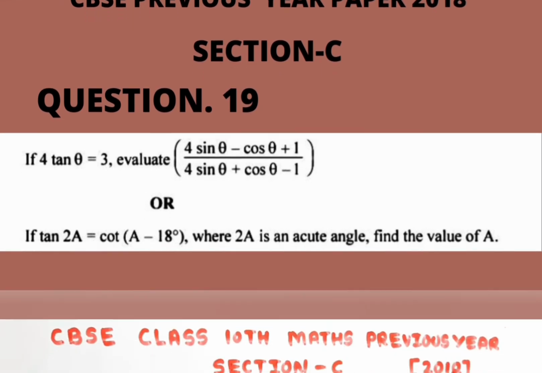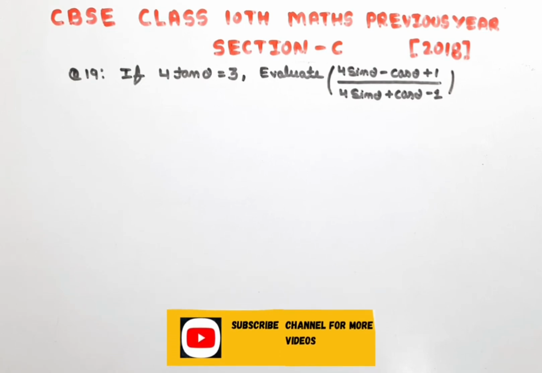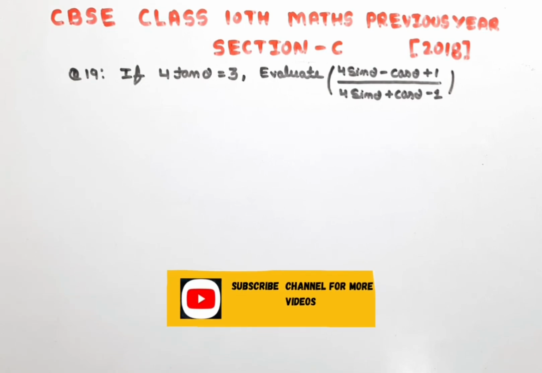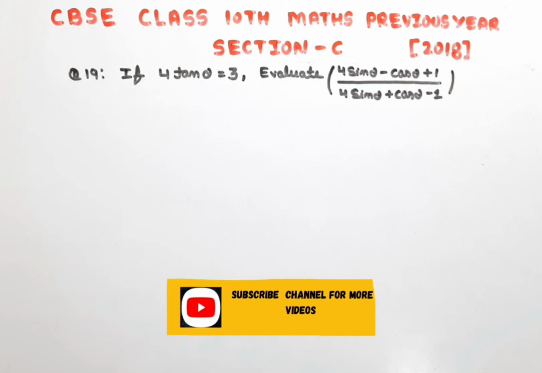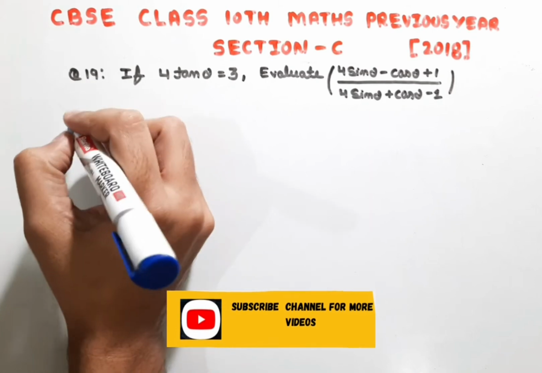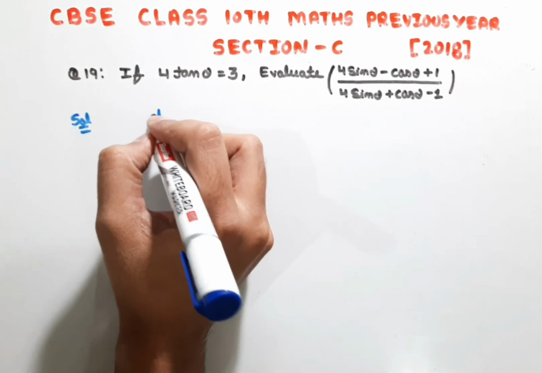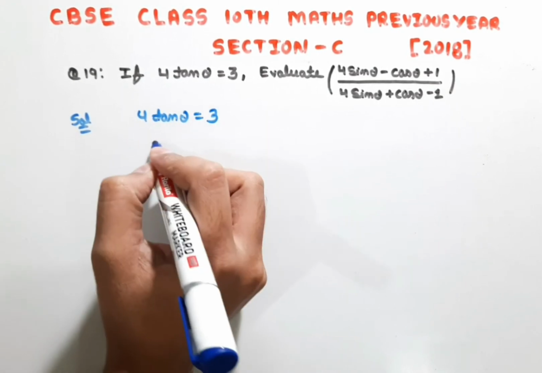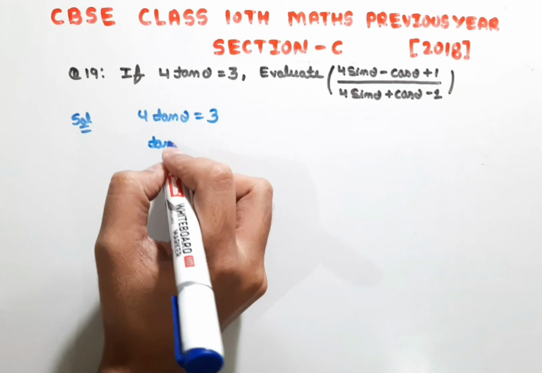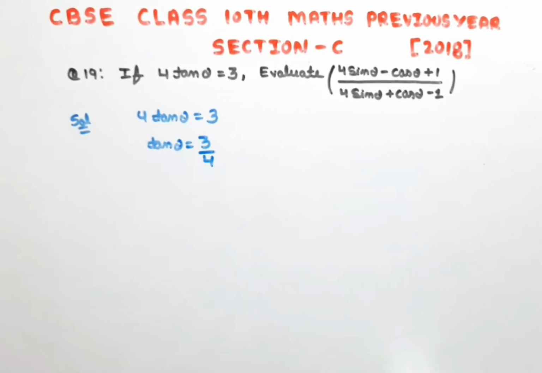Number 19. If 4 tan theta equals 3, evaluate (4 sin theta minus cos theta plus 1) upon (4 sin theta plus cos theta minus 1). In this problem, we have given 4 tan theta equals 3. So from here, tan theta will be equal to 3 upon 4.